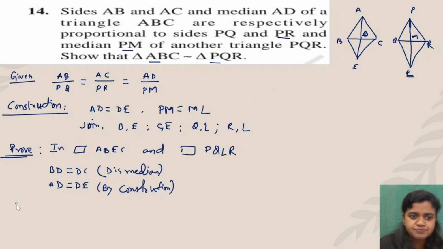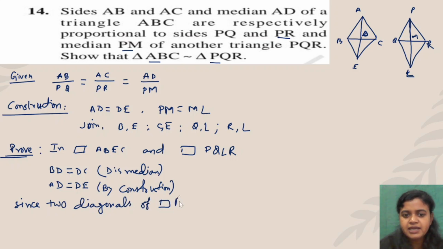So since two diagonals of quadrilateral ABEC bisect each other, ABEC is a parallelogram.